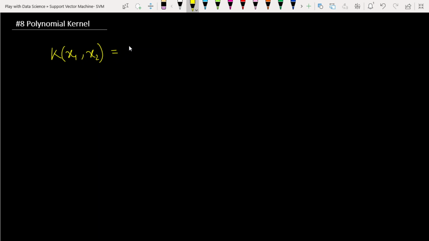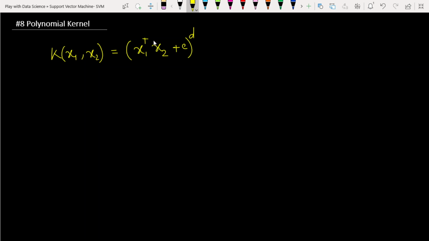Suppose our polynomial kernel looks like this: x1 transpose x2 plus c, raised to the power t.